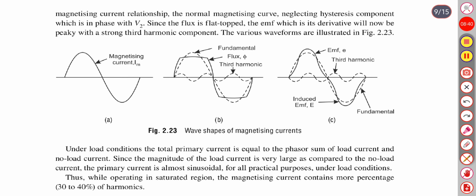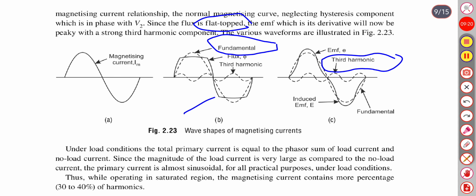Since the flux is flat-topped, the EMF, which is its derivative, will now be peaky with a strong third harmonic component. The various waveforms are illustrated in the figure. So this is the third harmonic waveform having less magnitude compared to the induced EMF, and this is the fundamental waveform. This is the flux waveform.